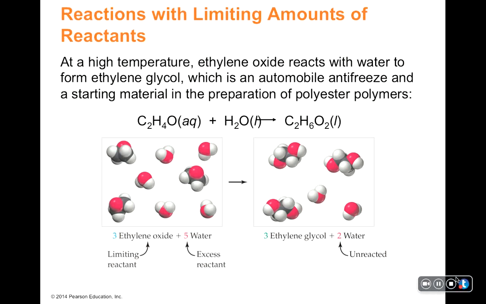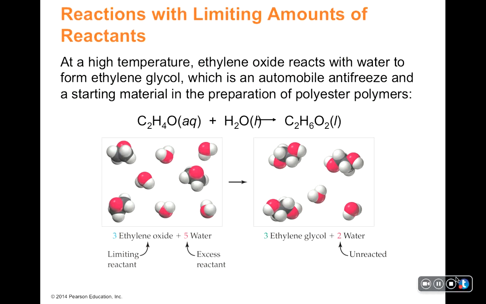So just to follow this through, if we have 3 moles of ethylene oxide and 5 moles of water, and I asked you how many moles of product, let's see. Ethylene glycol here is the product. Again, that's 1 mole as well. So there's a 1 to 1 to 1 mole ratio. That means that you could predict how much you would get for product on the right.